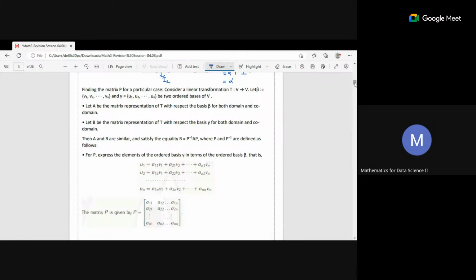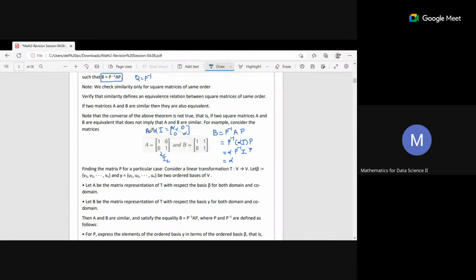So I was telling that if you have a matrix A which is of the form alpha I, that is, you have a scalar matrix, and you are asked to verify if this matrix is similar to some other matrix, then you write like this. What you get is P inverse I P, which is just P inverse P because you're just multiplying with identity. So you get the same matrix. Now, what is P inverse P?